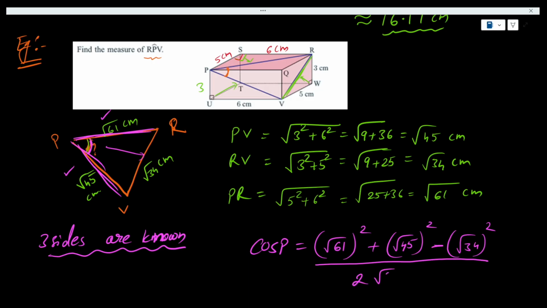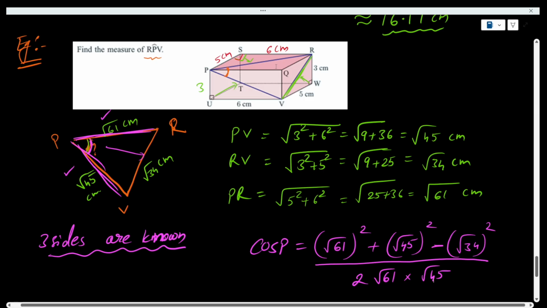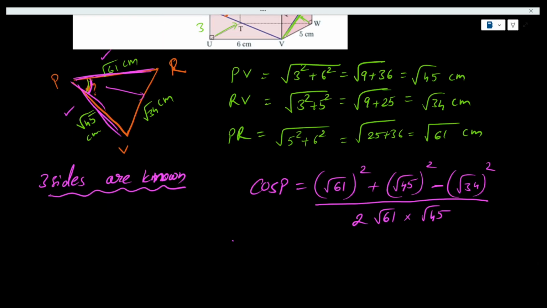So 2 times root 61 times root 45. Once you simplify this, and if I take the cos inverse here, P will be cos inverse of 61 plus 45 minus 34, because the root square, the root will be removed, right? So this can be over 2 root 61 into 45.